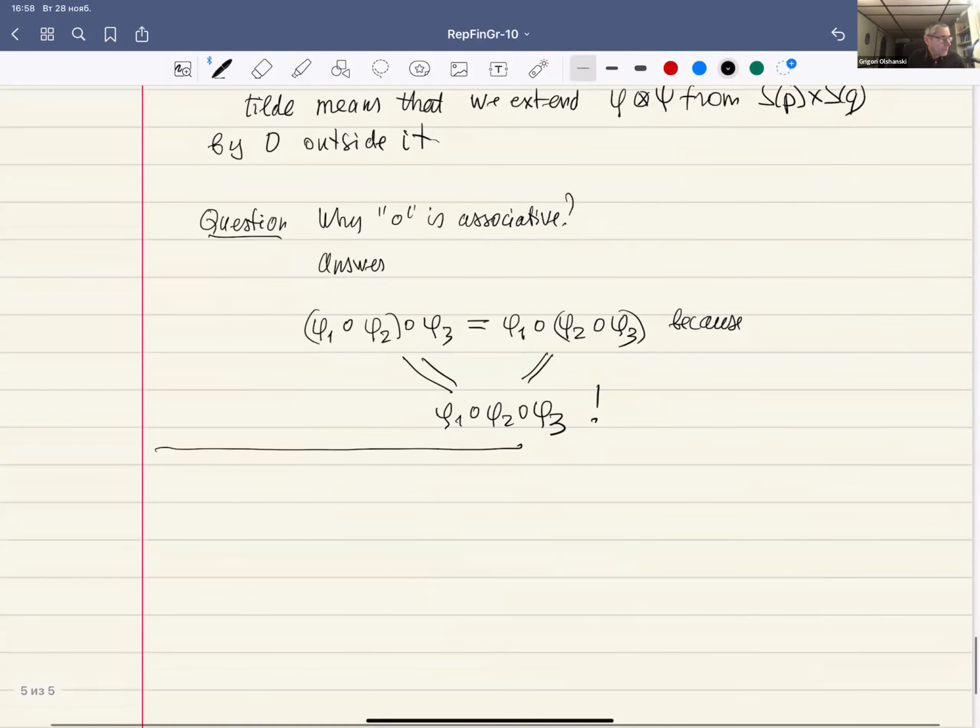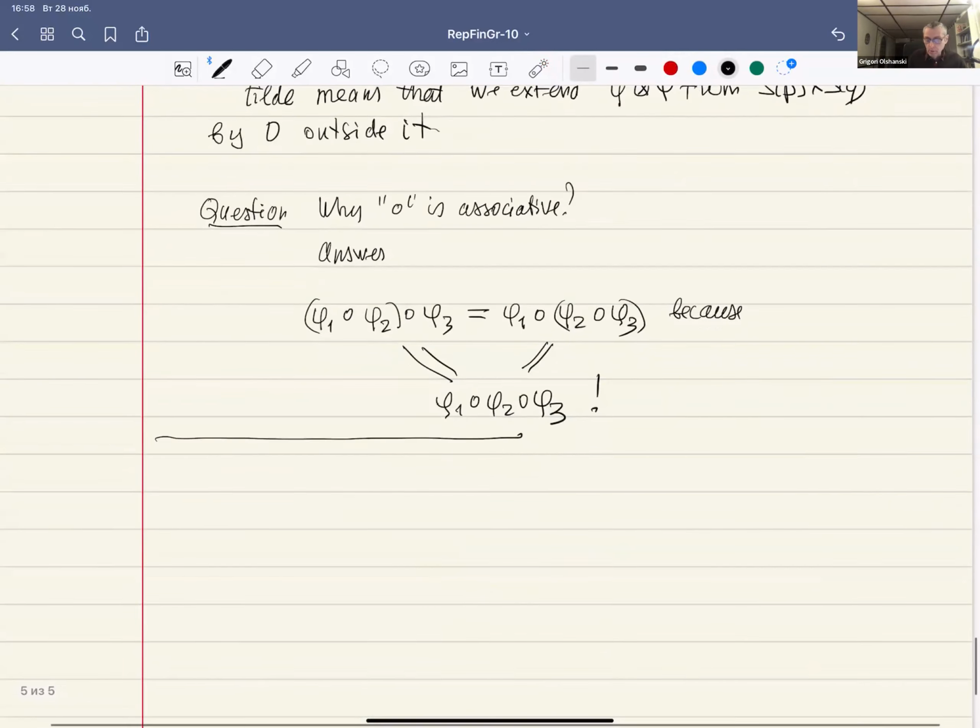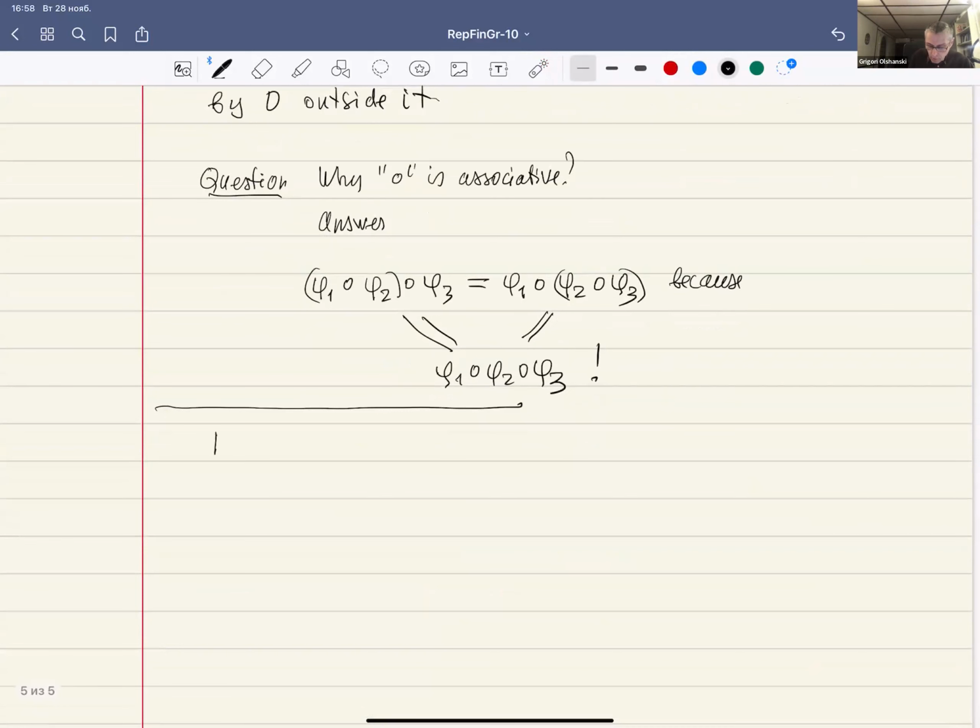Well, what next? Let me recall some reminder from the previous lecture. My notation is by definition this one. So I apply the previous notation in the particular case of a symmetric group.